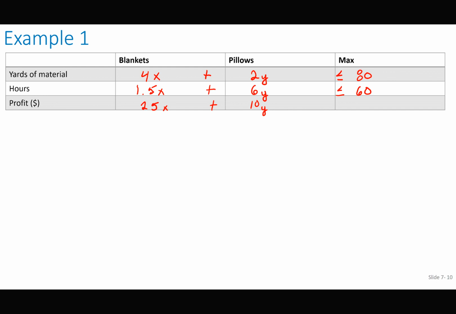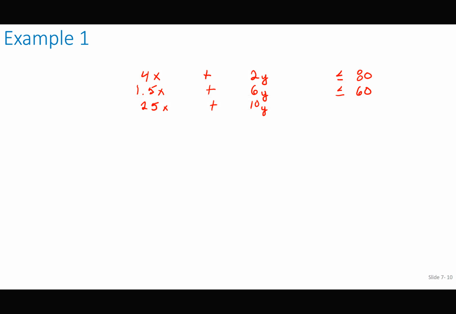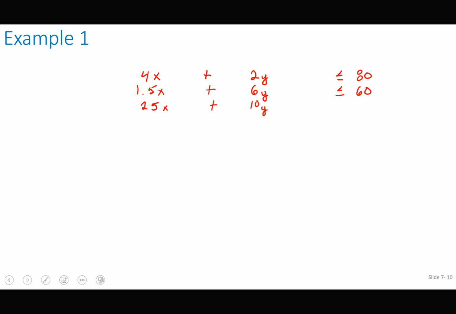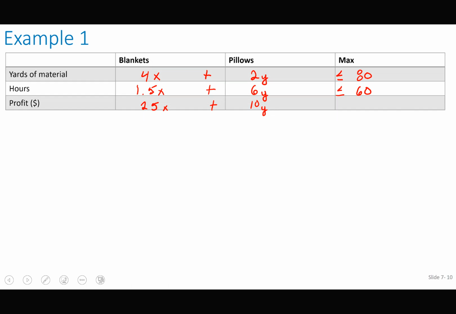This last line is my objective function, because that's what I'm trying to optimize: how many of each should they make to maximize the profit? That's the objective function. So I'll say P for profit equals 25x plus 10y. Again, my blankets were X, my pillows were Y.